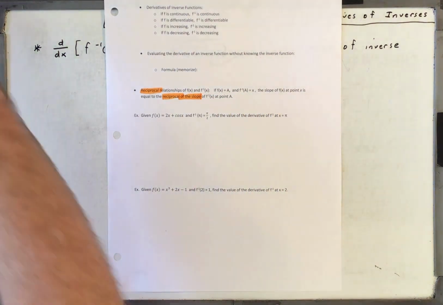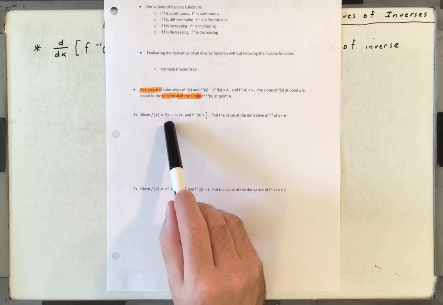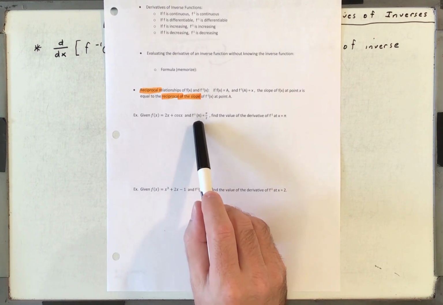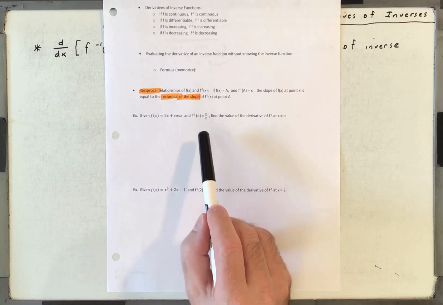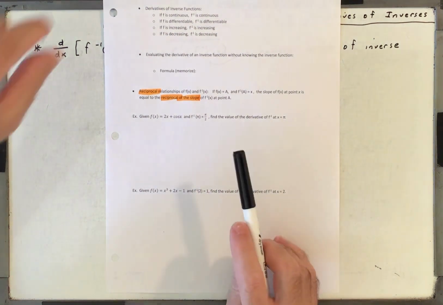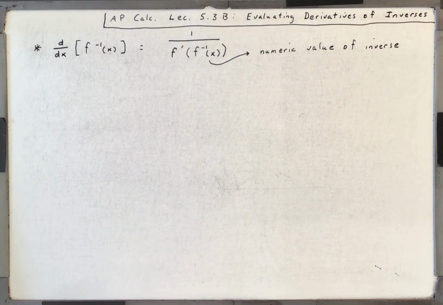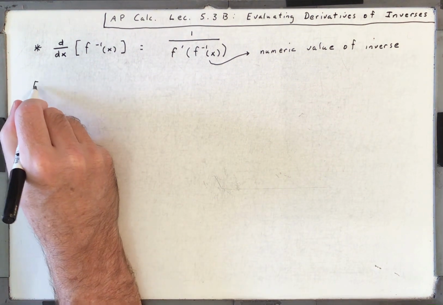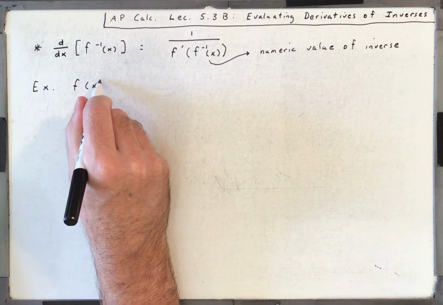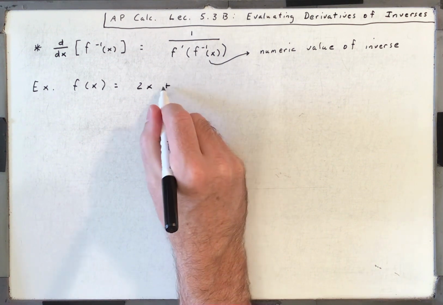Okay, so let's work these two example problems. So the first one, given that f of x is 2x plus cosine x, and the value of the inverse at pi is pi over 2, find the value of the derivative of the inverse at x equals pi. So we have that f of x is equal to 2x plus cosine x.